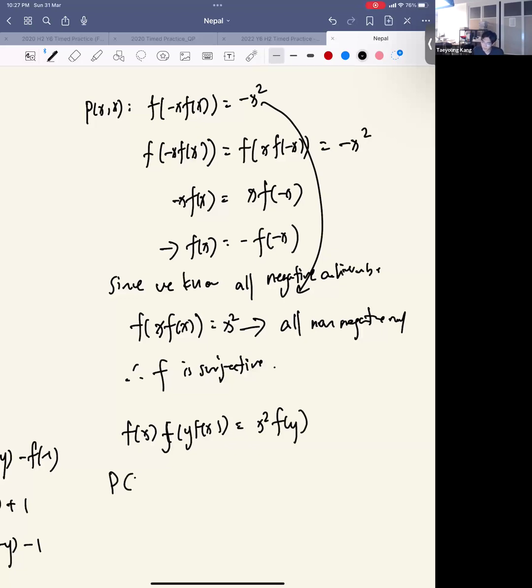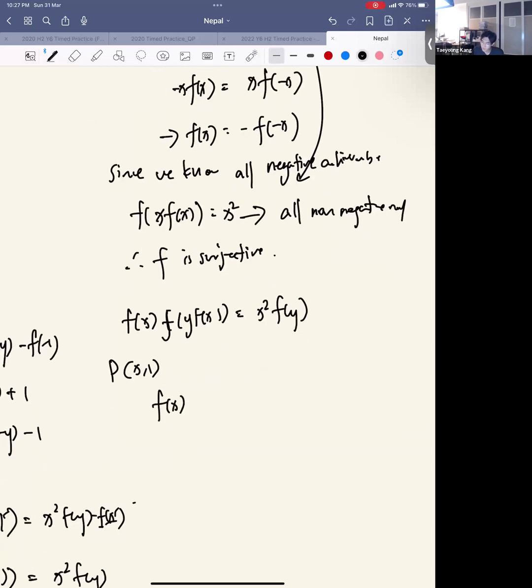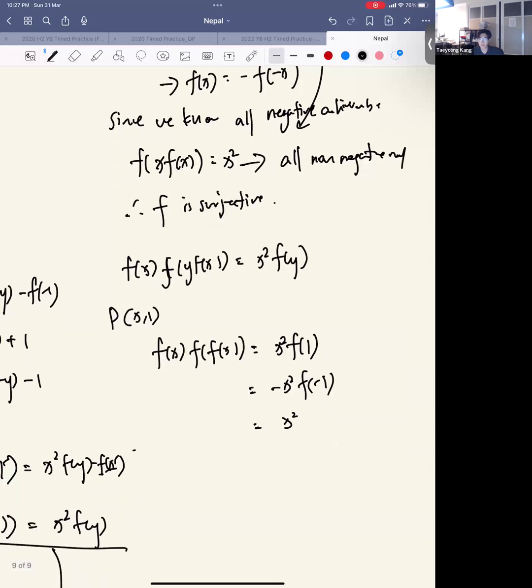So now we just take P(x, 1) and it will give us f(x f(x)) is equal to x squared f(1), which is equal to -x squared f(-1). And as we've shown earlier, f(-1) is -1, which is equal to x squared. So we have established that f(x) times f(f(x)) is equal to x squared.